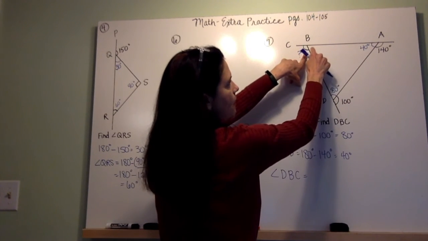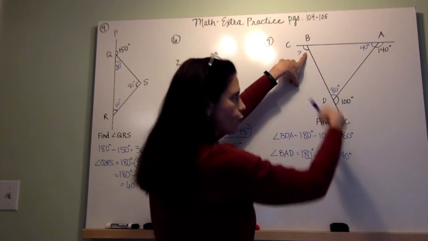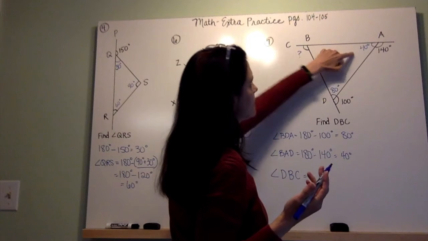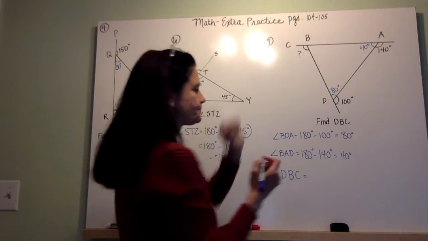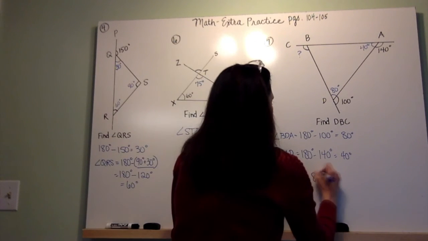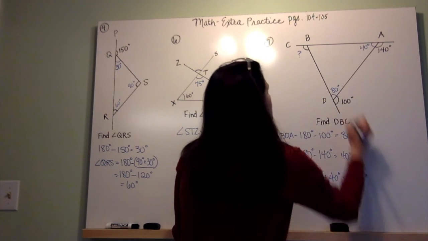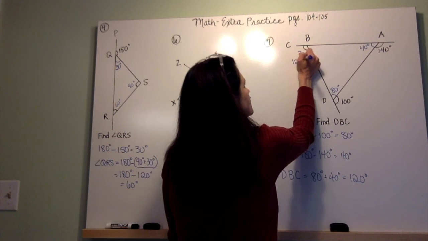This angle is not an opposite angle. It's the two that are across from it. So all I have to do is add up this angle and this one. So 80 degrees plus 40 degrees is equal to 120 degrees. So my unknown angle is 120 degrees.